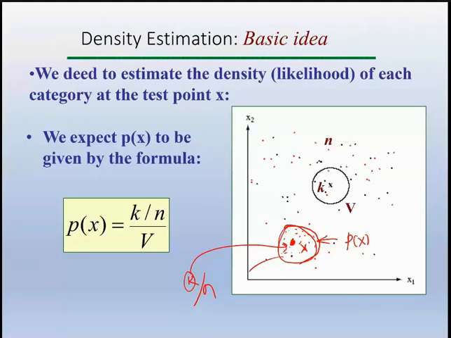Then I divide this by the volume of this particular area. In this case it will be the area of the circle, but you can imagine if it is multidimensional then it will be a volume. So this will be the density of the probability at this location.